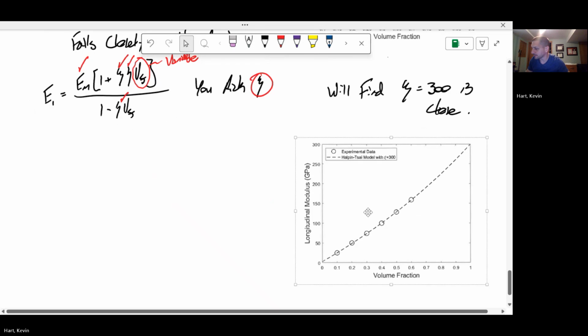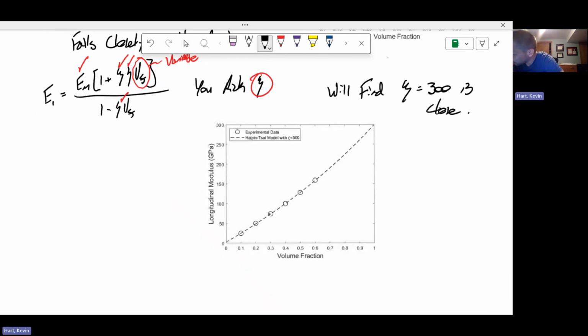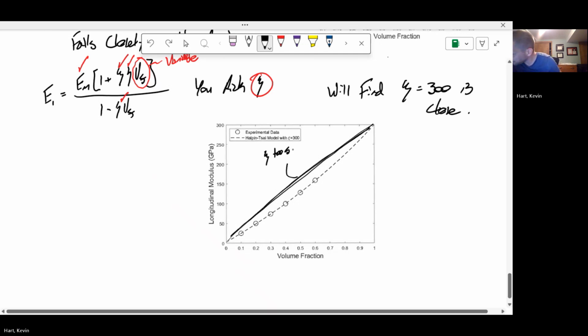You see how the line closely matches or goes through a lot of our experimental data. If you had a higher value of xi, you would get a line that looked much more like this. So xi too large.